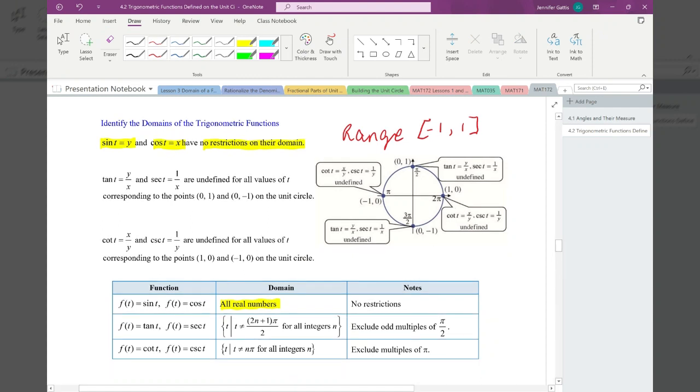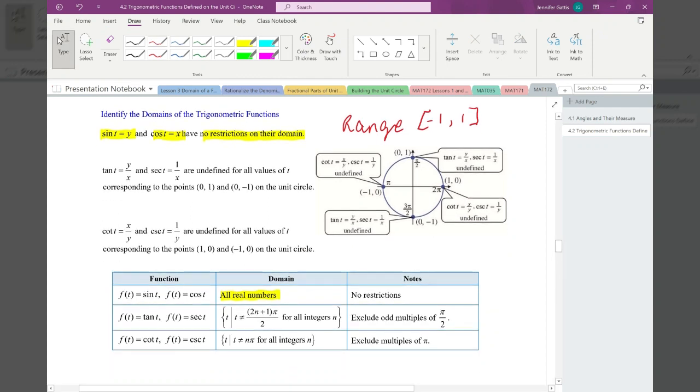Now for the tangent and secant, because they are y over x and 1 over x, they both have cosine in the denominator. That means that they are undefined at any point where x is 0.